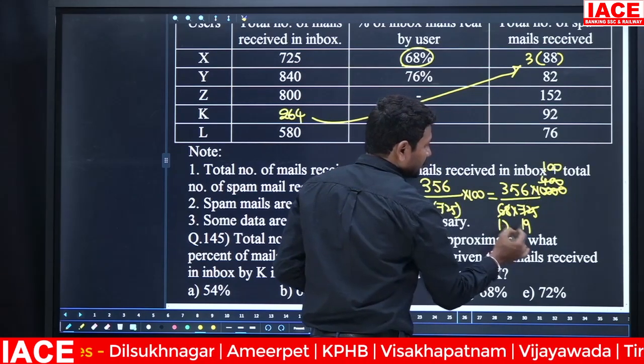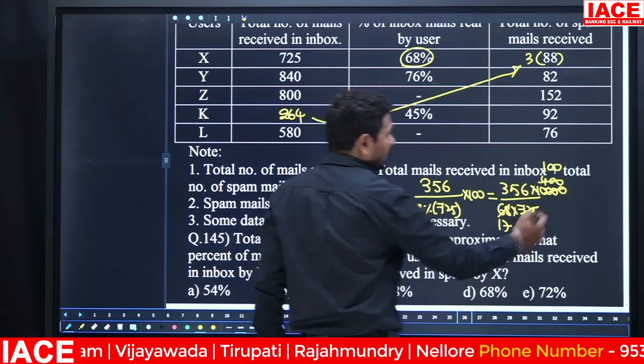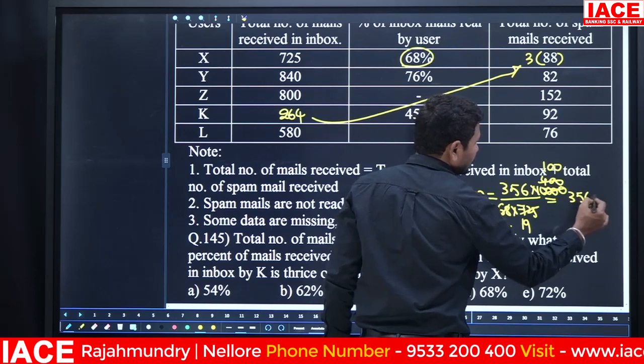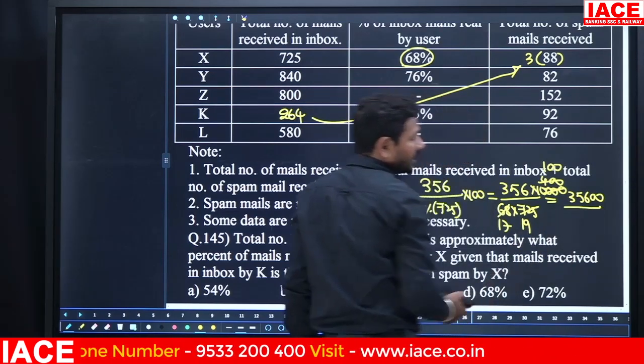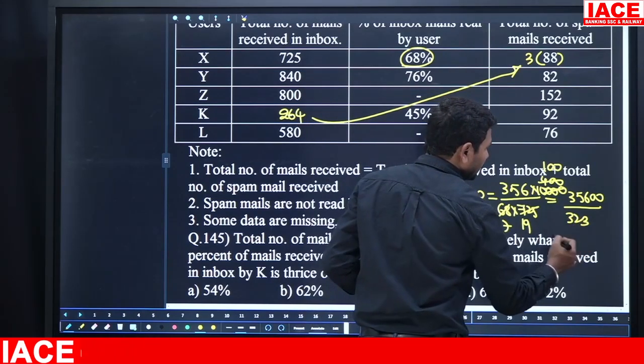And 4 17s, and again cancel with 17 into 19, 17 into 19 means here is 35600 by 17 19s, 18 square minus 1 is 324, and it is nothing but 323.